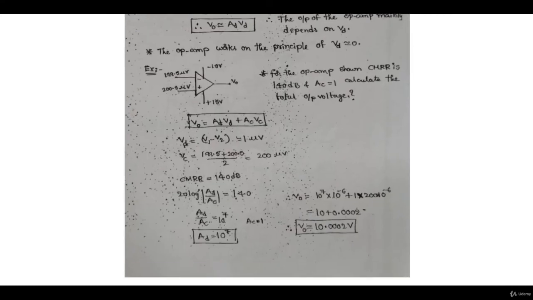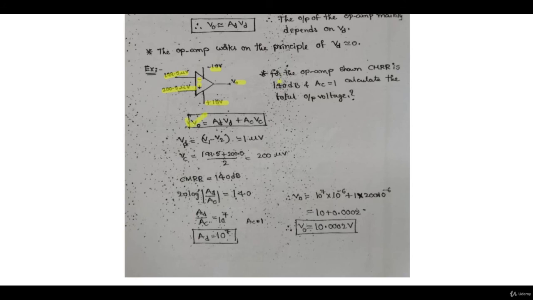Now let's look at an example, just a small one to give you a feel for the numbers. The first input is 199.5 microvolt, the second input is 200.5 microvolt, at the negative and positive terminals, and the saturation voltages are plus minus 15 volt. V0 is equal to AD VD plus AC VC.